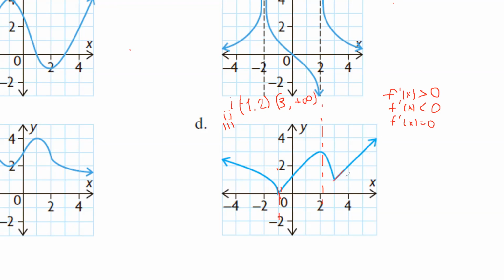It's a sharp corner. Right? So would it be a square bracket at 2 then? Because it's not a sharp corner, but it's going to be a horizontal tangent line here. Oh, yeah, you're right.